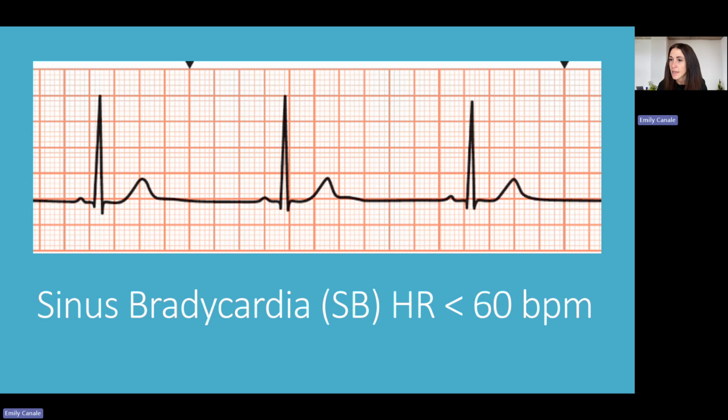That technically would be sinus bradycardia. But I still see a P wave here before every QRS complex. So P, QRS, there's my T wave, nice and upright. It's not too peaked, and they all look the same. And again, my R to R would map out. That's all the same.